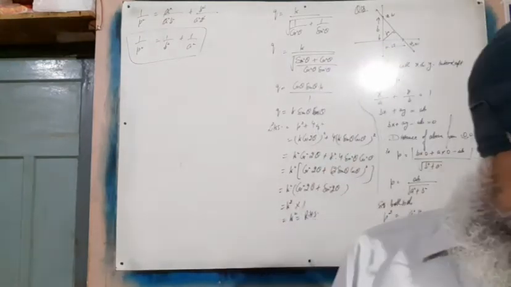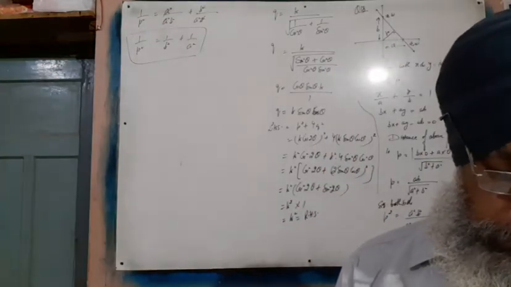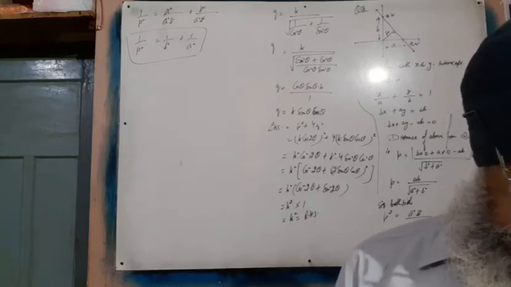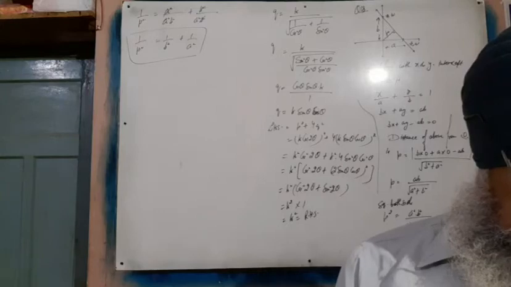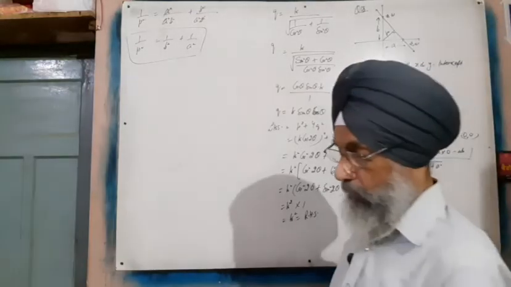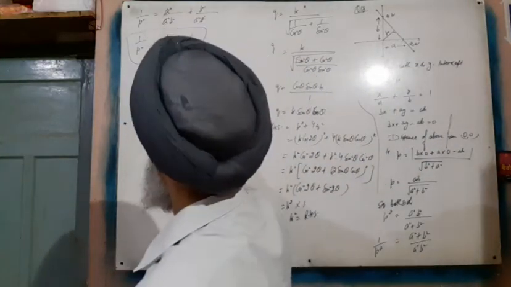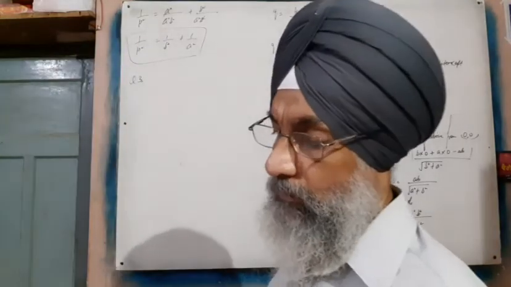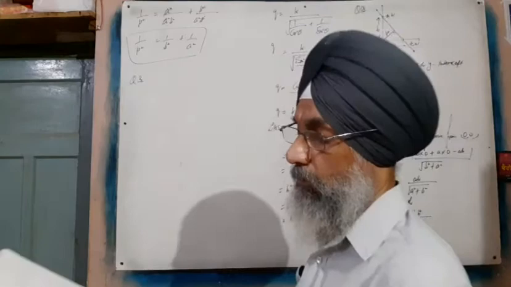In the miscellaneous exercise, what do we have? If we see question number 3, it is asking: find the equation of the line which cuts off intercepts on the axes with sum and product as 1 and minus 6.